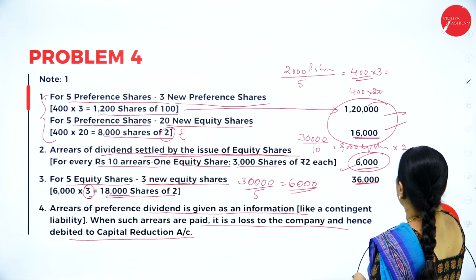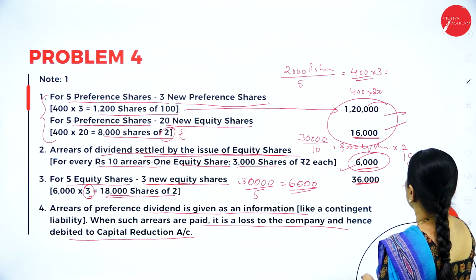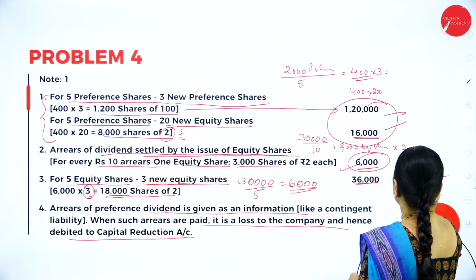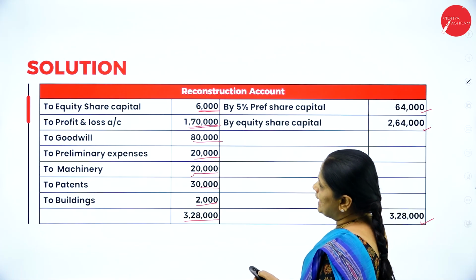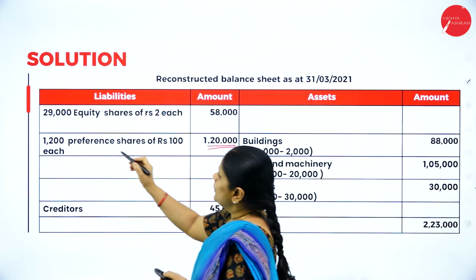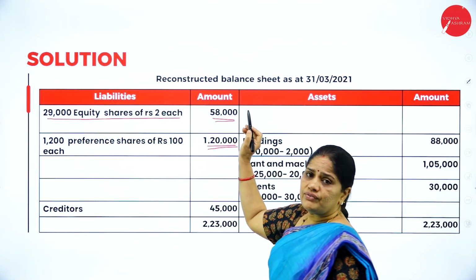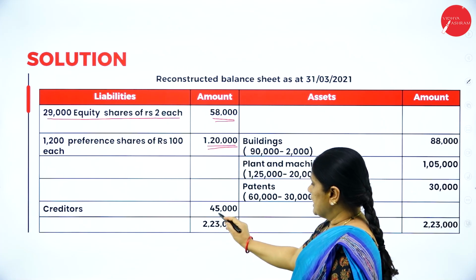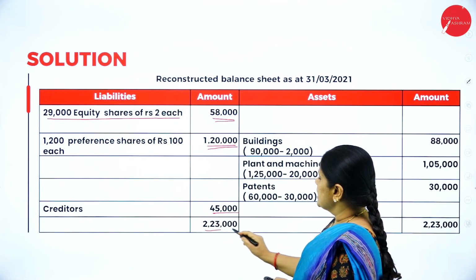So 8 plus 8, 16, 17, 18, 19, so 29,000. So in the balance sheet, I will write 29,000 equity shares of rupees 2 each, 58,000. Next, creditors 45,000.